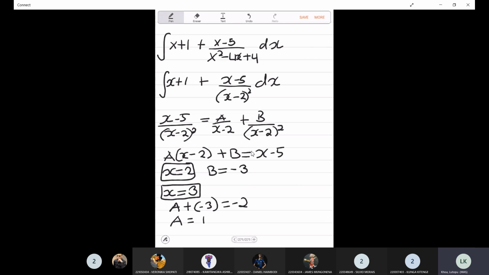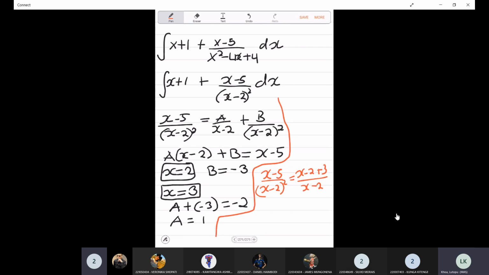And this one, we could do in another way. So here I have x minus 5 over x minus 2 squared. So just take note, sometimes you can do it like this. You have x minus 5 over x minus 2 squared. This you can write as x minus 2 minus 3 over x minus 2 squared.